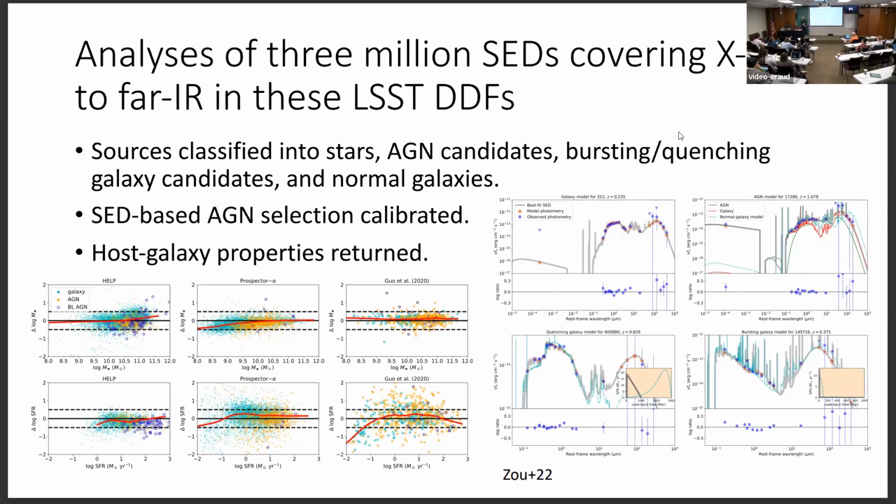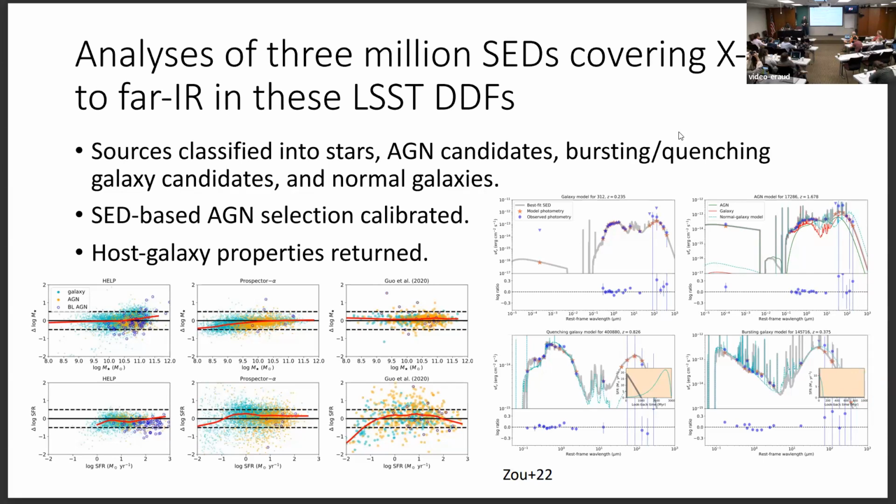The figure in the bottom right panel shows some SED fitting examples. We also discussed SED-based AGN selection and calibrated it. More importantly, we cataloged the host galaxy properties and calibrated them against previous results.